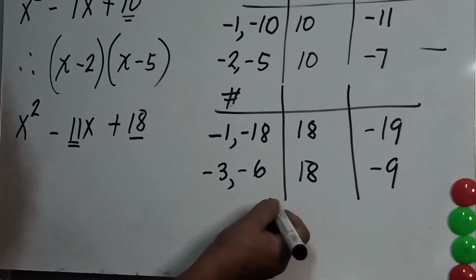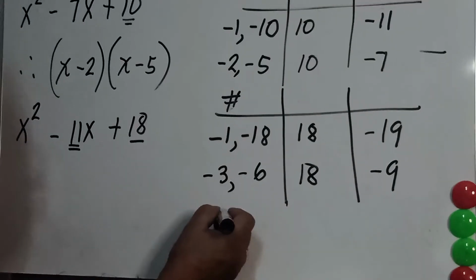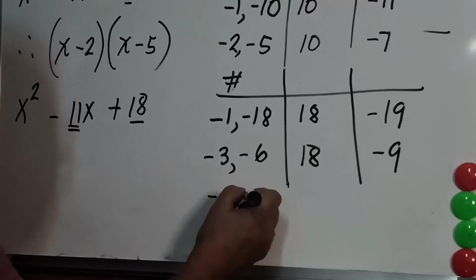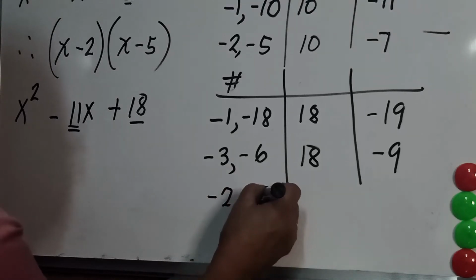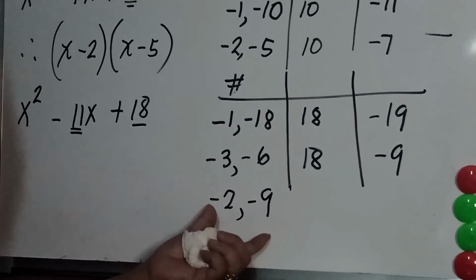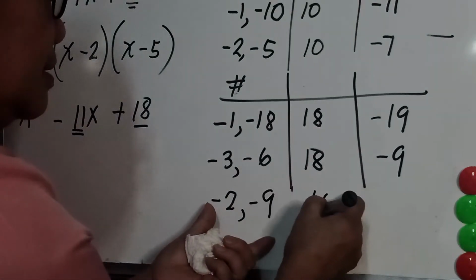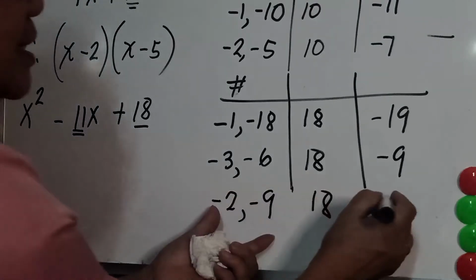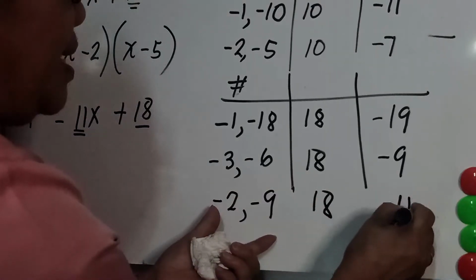Now, another pair of numbers. Let us have negative 2 and negative 9. The product is positive 18. Negative 2 plus negative 9 is negative 11.